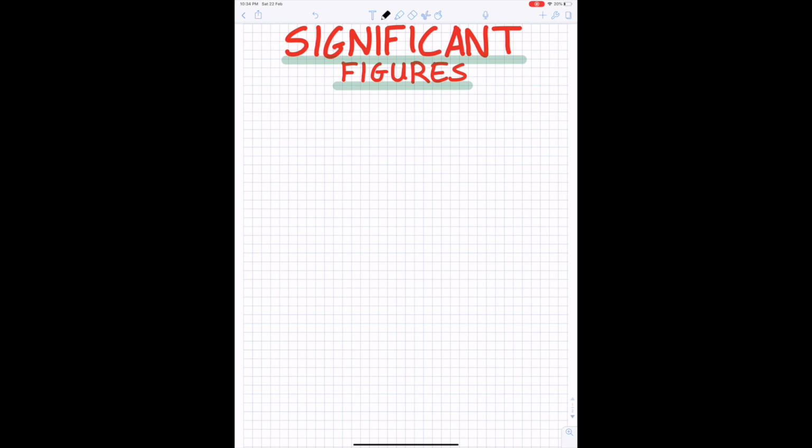So significant figures, you may have come across this term as well as decimal places, decimal points. These two measures of precision help specify the degree of precision in your answer.